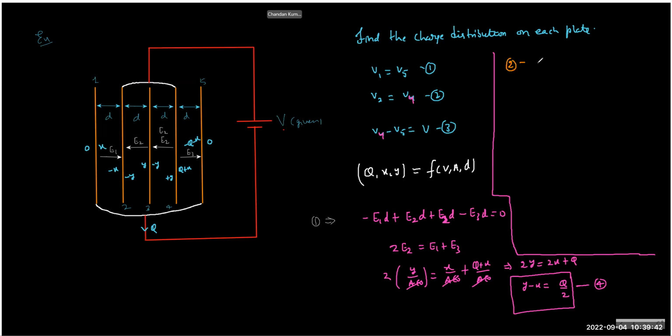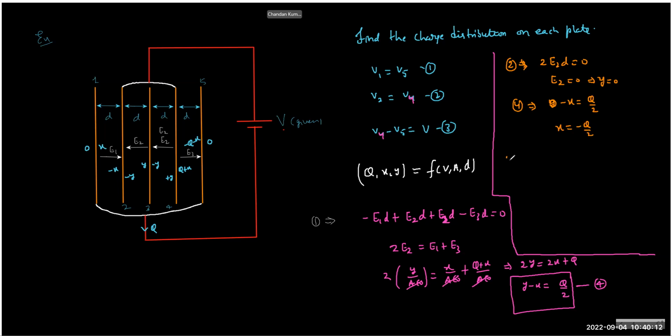So E2 must be 0, which you can also verify by writing 2E2D is 0. Okay, Y is 0, and because Y is 0, 4 implies 0 minus X is Q by 2.